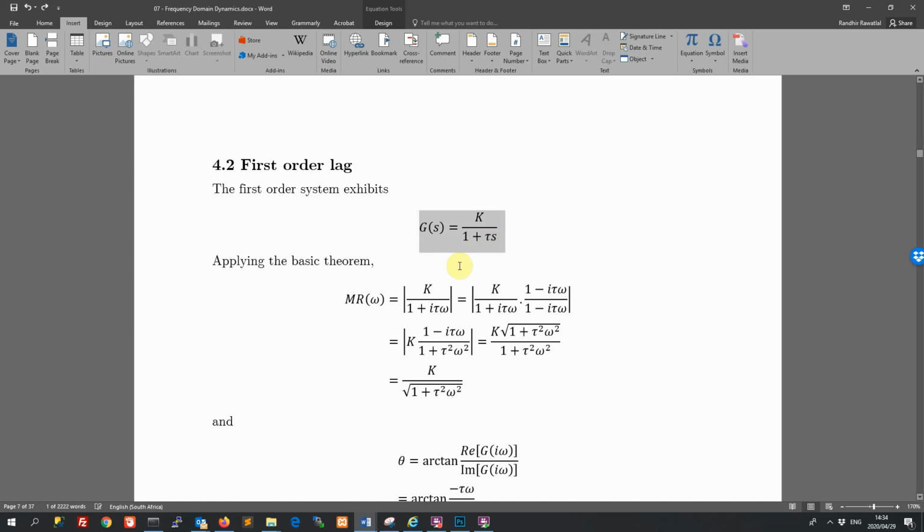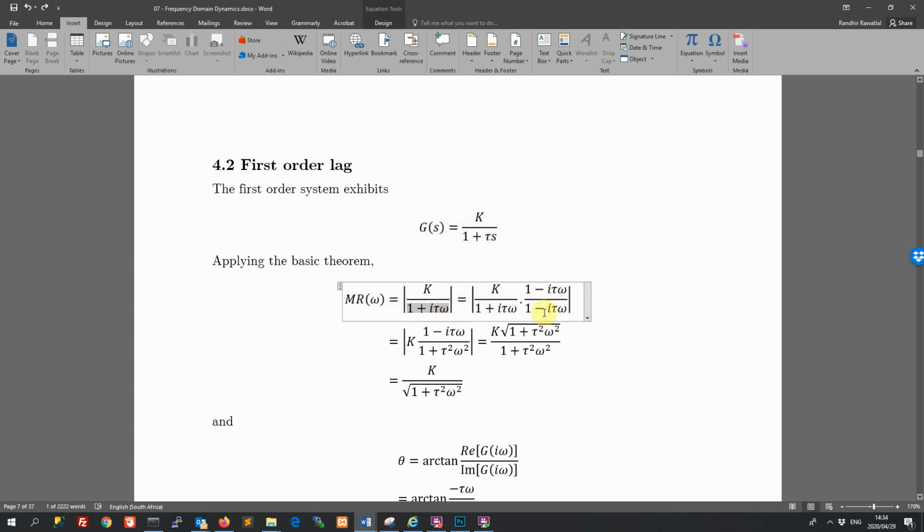And then if we apply our basic theorem, if we apply G of i omega, then it's going to be tau i omega, and we can multiply numerator and denominator by the complex conjugate there.